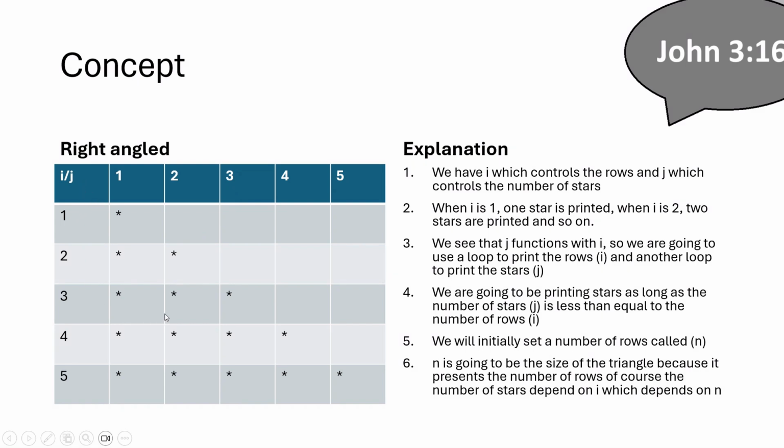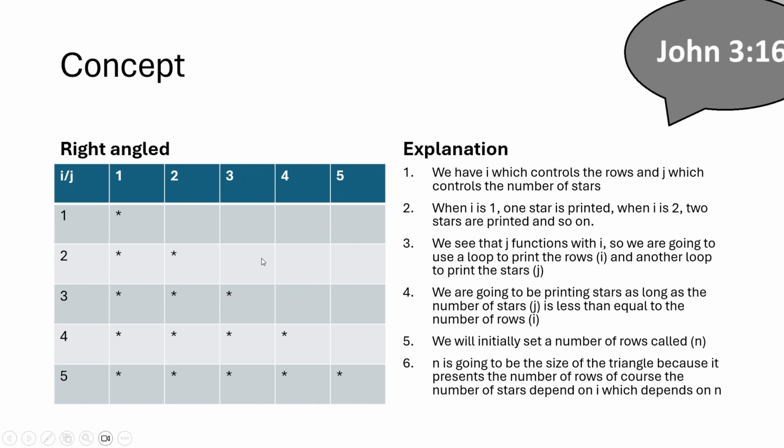So we're going to use a loop which is going to be printing the number of stars according to the number of rows. This will be easier if we use a loop which will be printing our rows, using a variable i, and another loop which will be printing our number of stars according to i, using a variable j.